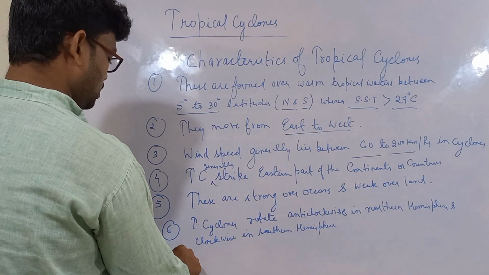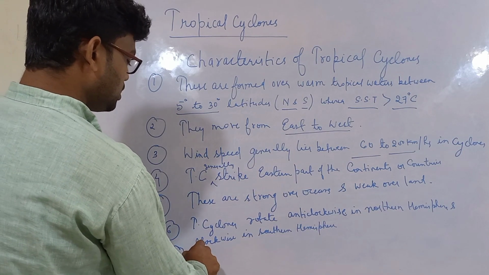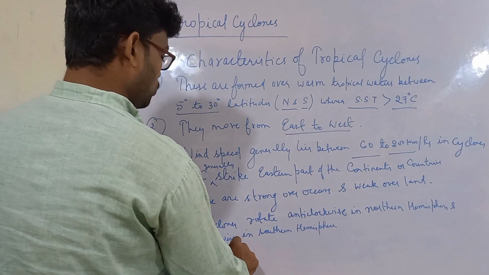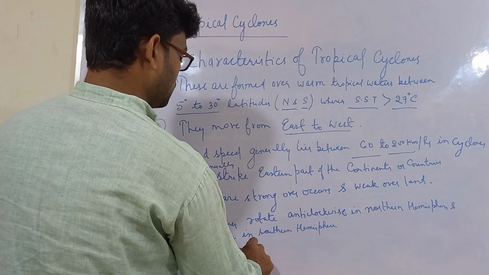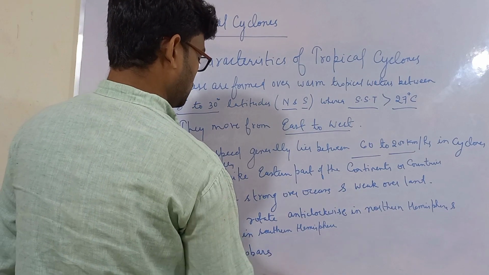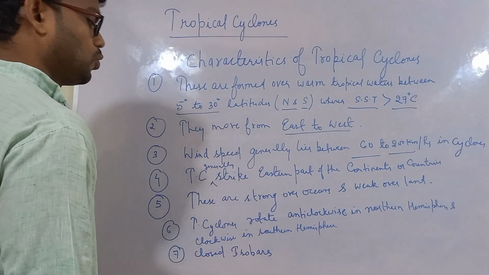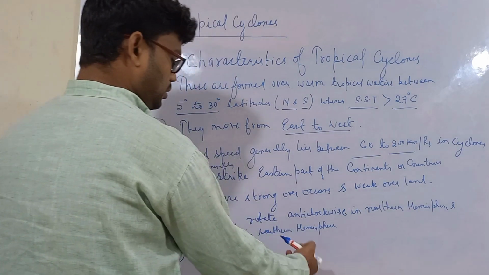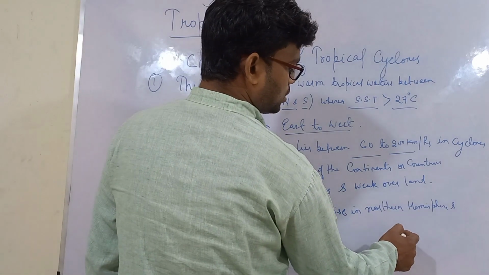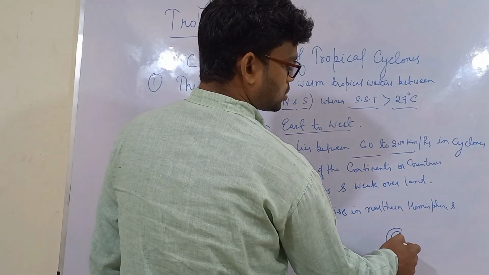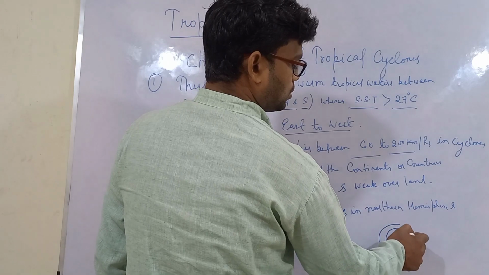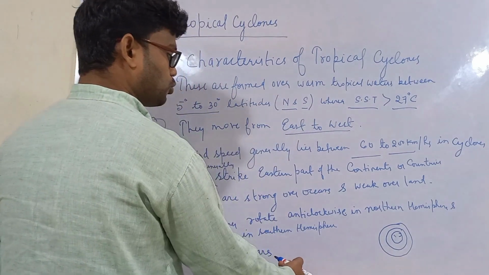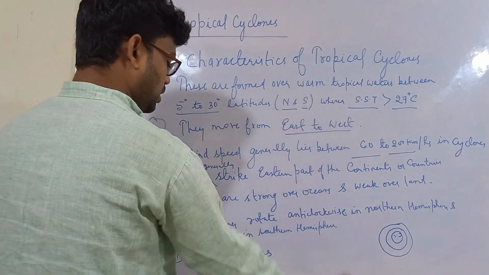And the seventh and the last one is, these have closed isobars. Now what does it mean here? I have already explained this to you: closed isobars means these tropical cyclones are characterized by closed isobars.